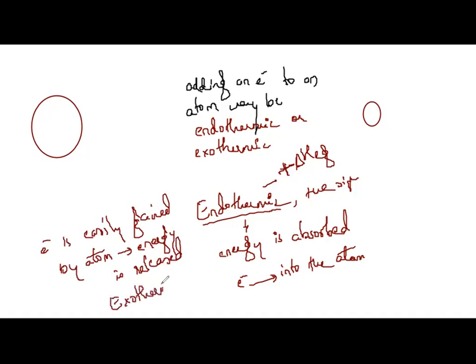It is called exothermic. Yes, during the gaining of an electron by an atom, if a large amount of energy is released, then electron gain enthalpy is exothermic, and it is denoted by a negative sign. So when we say large amount of energy is released, delta H is negative. If a large amount of energy is absorbed to put an electron into an atom, then delta Heg is positive. That is, energy is absorbed, and the process is said to be endothermic.